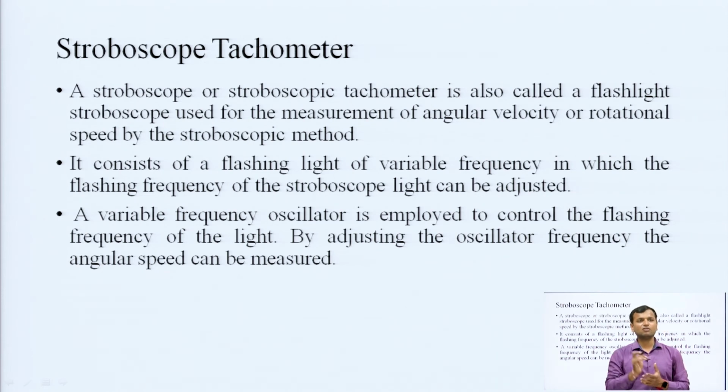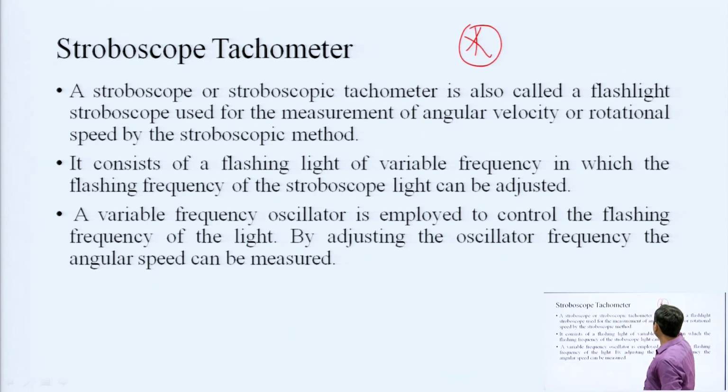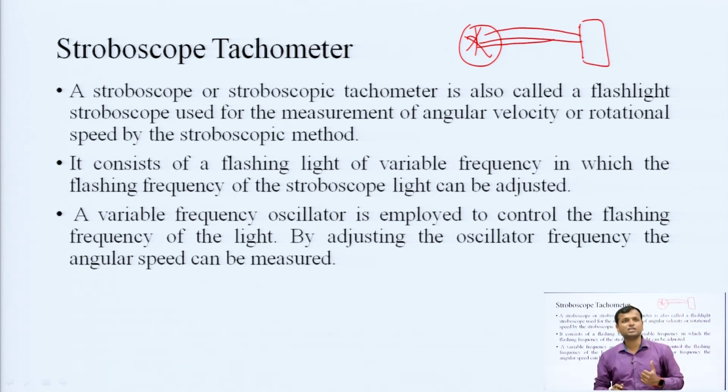So, we have one rotating object and we will flash some type of light on that. We will see the arrangement; that will be the basic stroboscopic method. It consists of a flashing light of variable frequency, in which the flashing frequency of the stroboscope light can be adjusted.